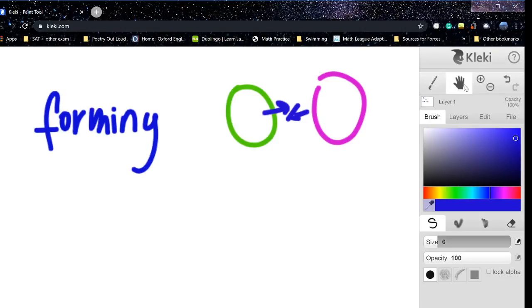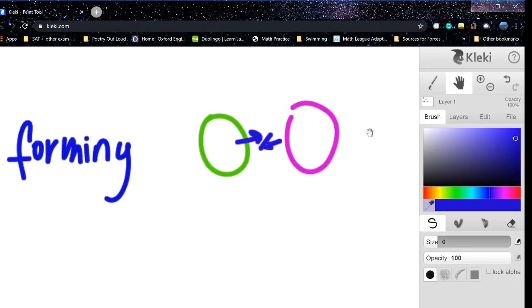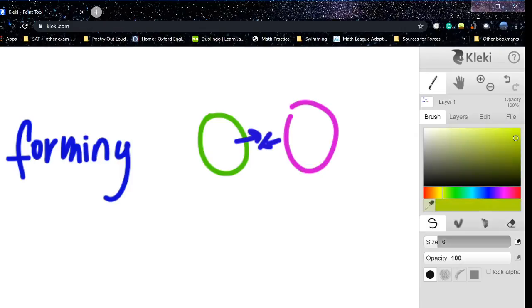Since we know that bonds tend to form because they make both atoms more stable, they lose a lot of the potential energy that they stored, because they are both at a lower potential energy state than they previously were. So this means that forming a bond releases energy. Okay, so energy is released.